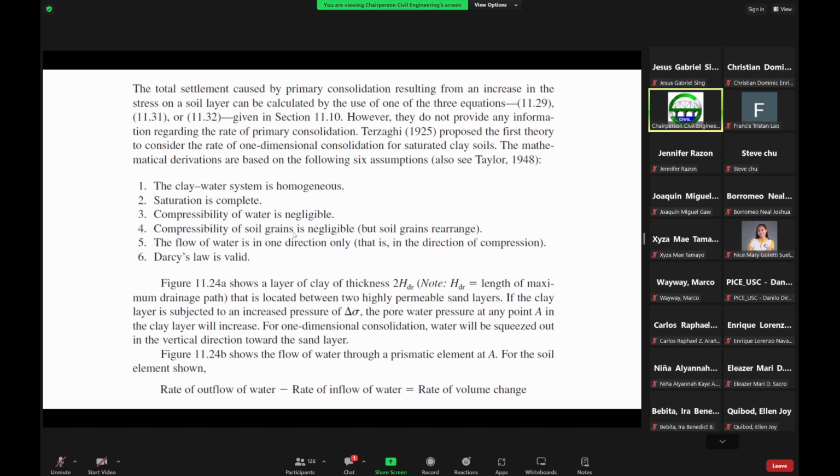Compressibility of the soil grains is also negligible, but the soil grains can rearrange. And then the flow of water is in one direction only. That is in the direction of compression, normally in the vertical direction, in the same direction of the application of the load in the case of foundations. And then also Darcy's law is valid, as what we have discussed when we discussed permeability.